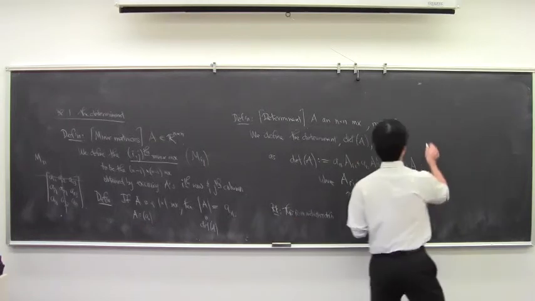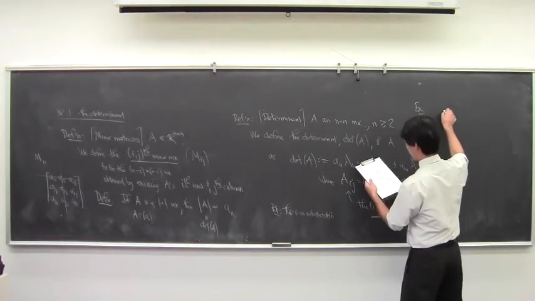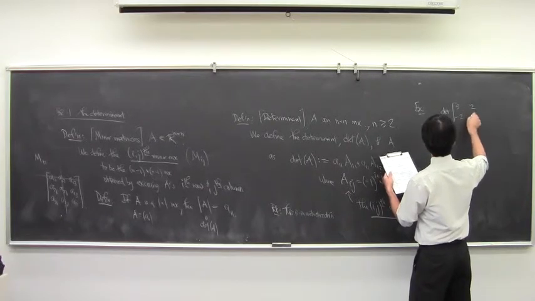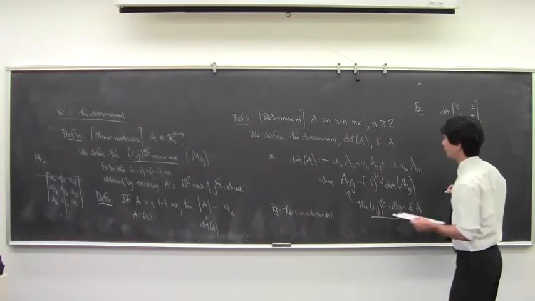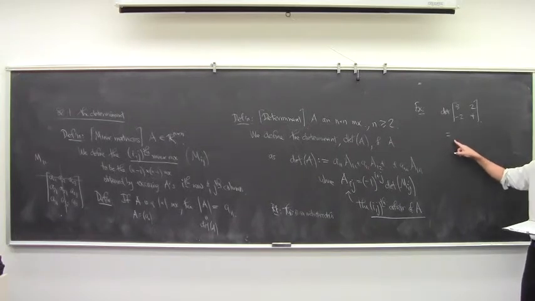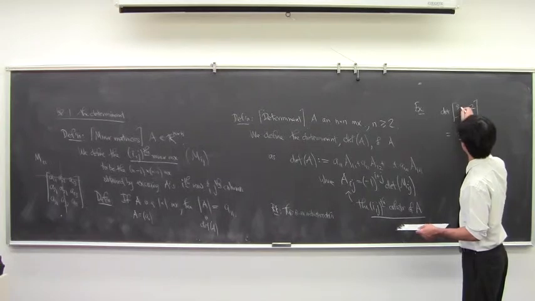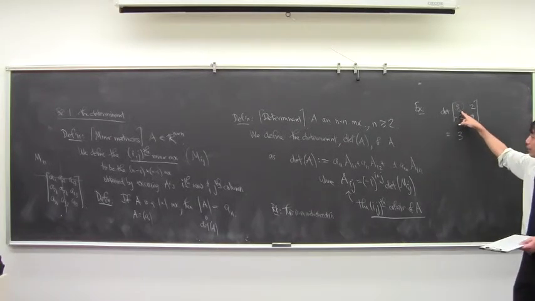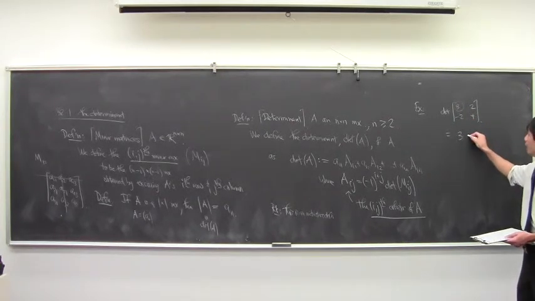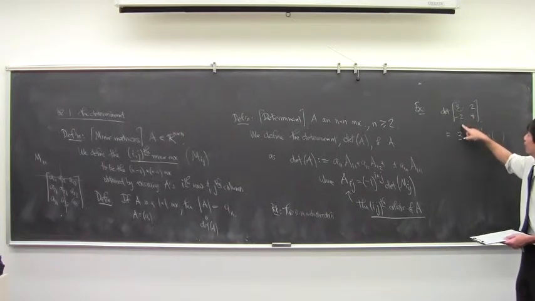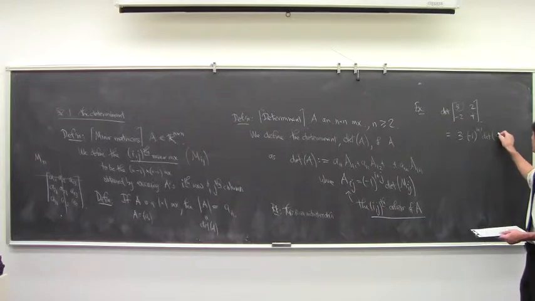Okay, so let's just start with some examples. If I look at, say, the determinant of 3, 2, negative 2, 4, well, what does this say? This says I'm going to take A11, that's 3, and I'm going to multiply that by negative 1 to the 1 plus 1 times the determinant of the minor matrix you get when you cross out the first row and the first column.